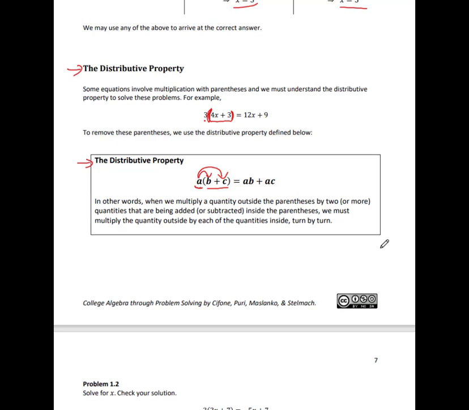When you multiply A times B, you get AB. When you multiply A times C, you get AC. And that's how we get rid of the parentheses. The same happened in the example above. When you multiply 3 times 4x, you get 12x. 3 times 3, you get positive 9.